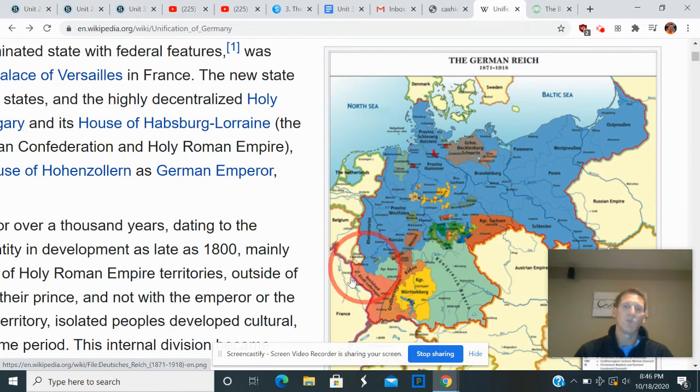Germany then goes to war against France to take and ends up taking this territory. That's going to be a major point of contention because France wants it back. And so Germany and France in the 1870s, they go to war over this. They become enemies because of this territory. Germany wins and they take the Alsace-Lorraine.